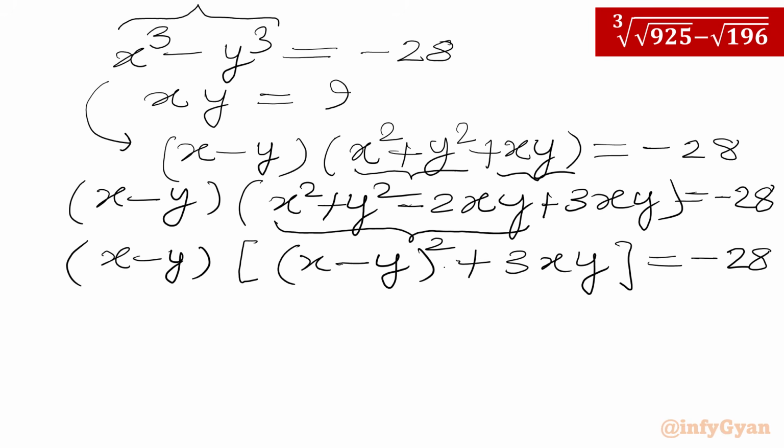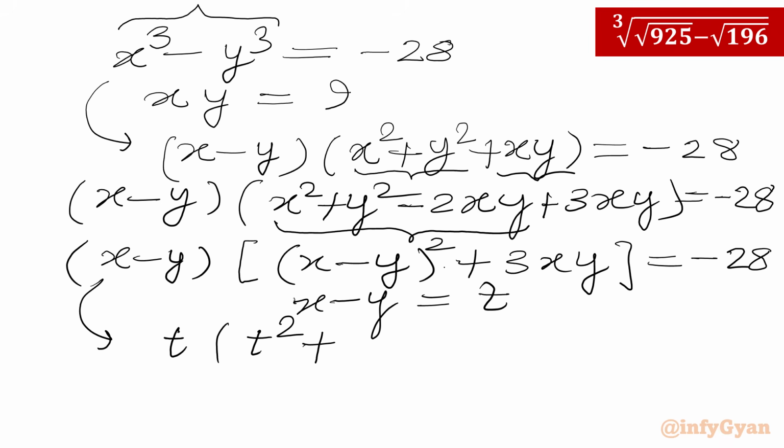Now let us assume x minus y, suppose equal to t. So this equation will convert into variable t. I will write t times in bracket t square plus, xy is 9 as per equation number 2. So we'll write 3 times 9 equal to minus 28.